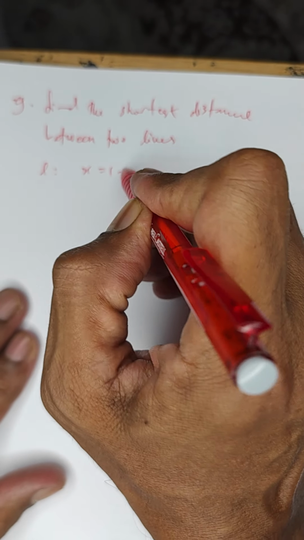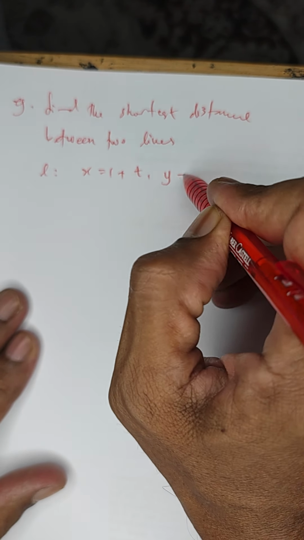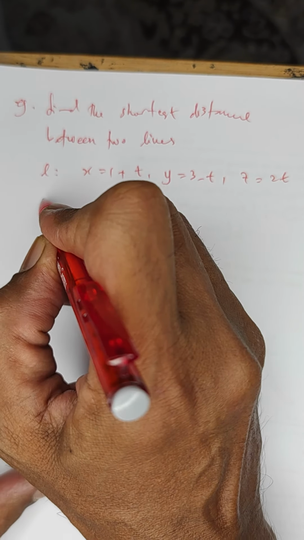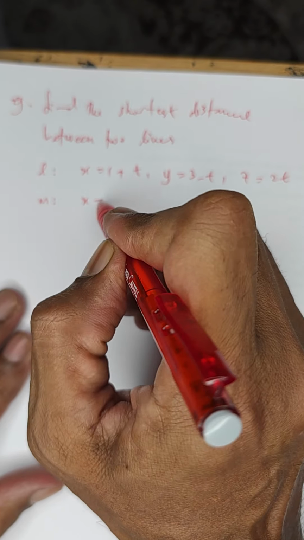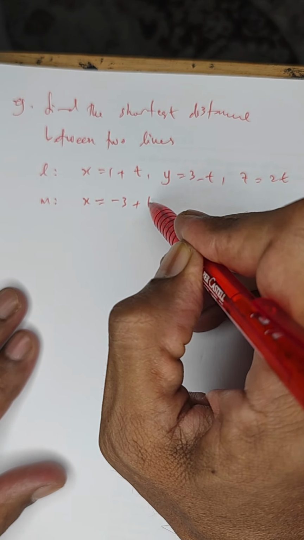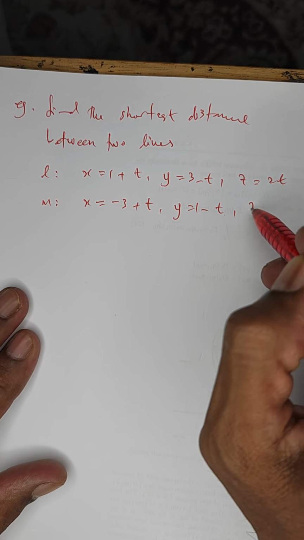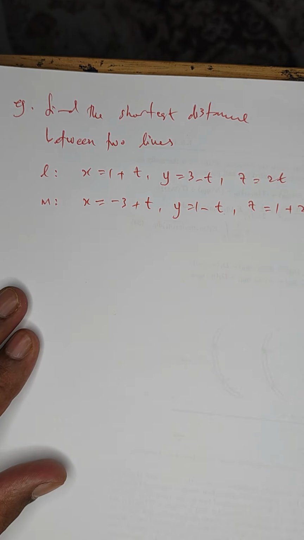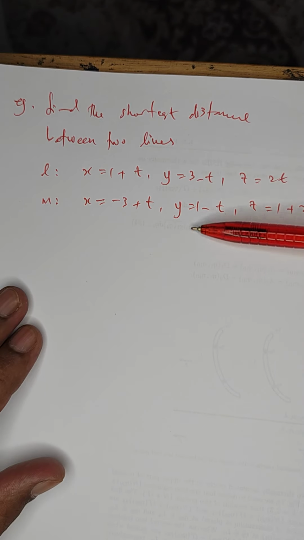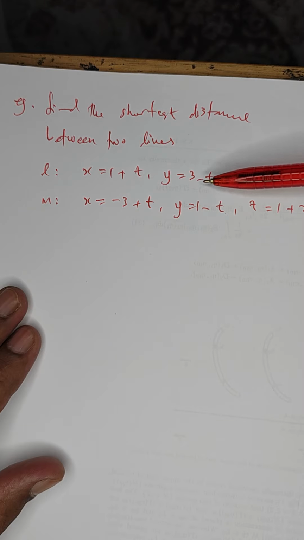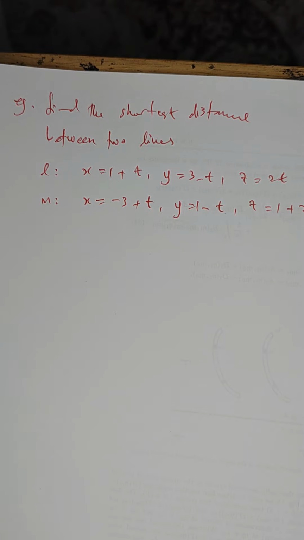Let's say line L is x equals 1 plus t, y equals 3 minus t, z equals 2t, and line M is x equals -3 plus t, y equals 1 minus t, z equals 1 plus 2t. If you notice, these two lines are parallel, because their direction vectors are (1, -1, 2). So lines L and M are parallel.